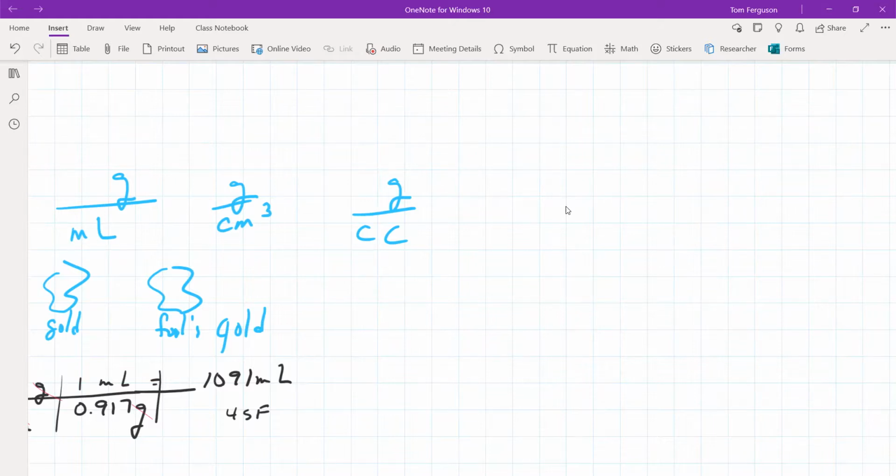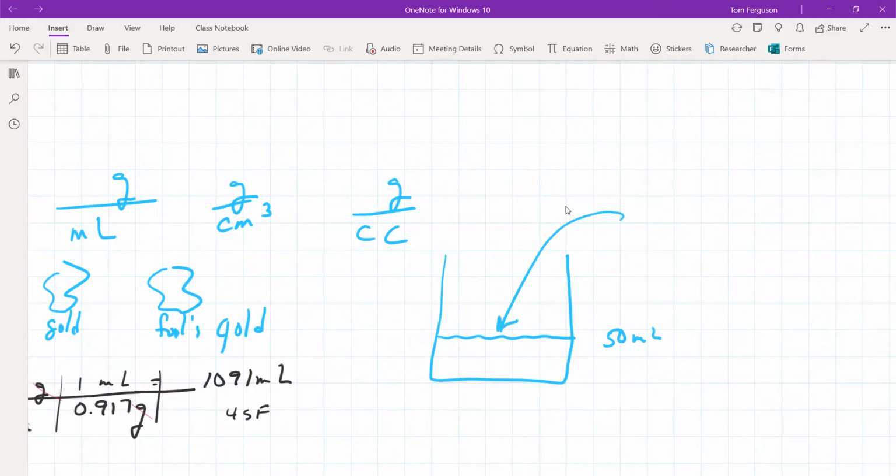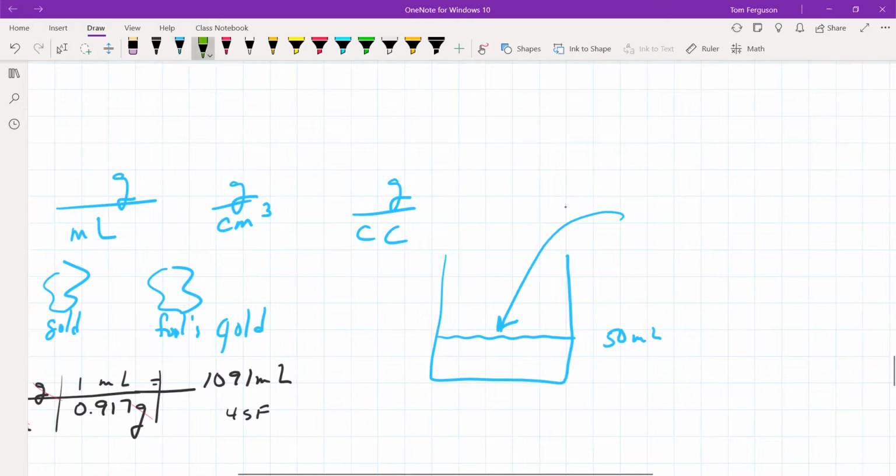So what we can do is take a container of water. Let's say it was at 50 milliliters, and we're going to dump a chunk of fool's gold or gold in there.